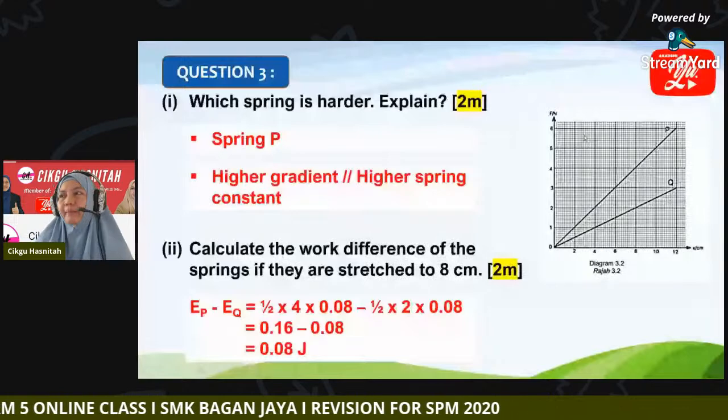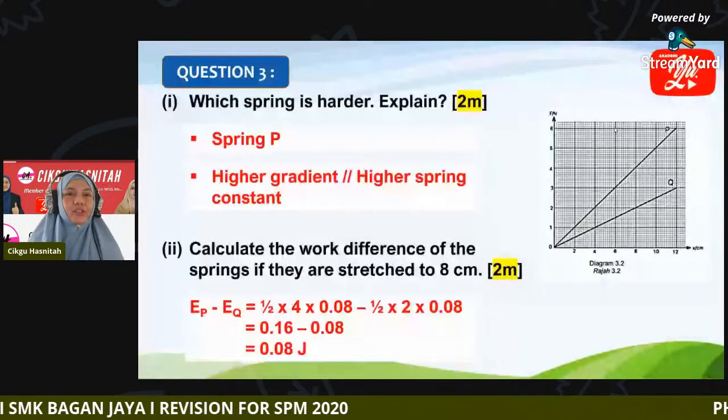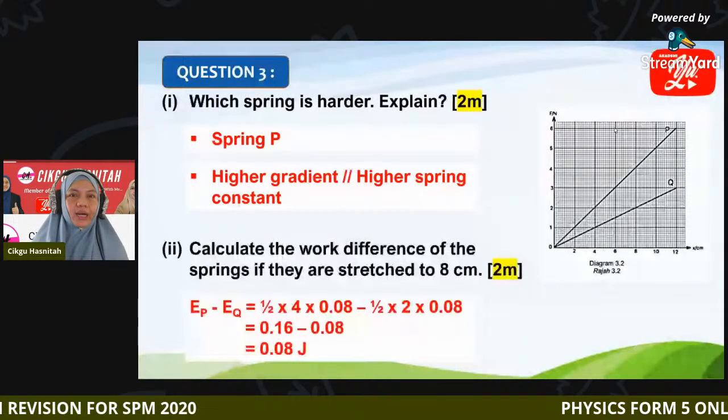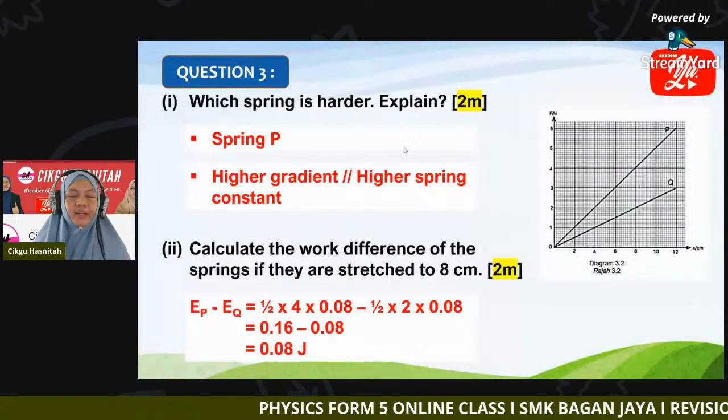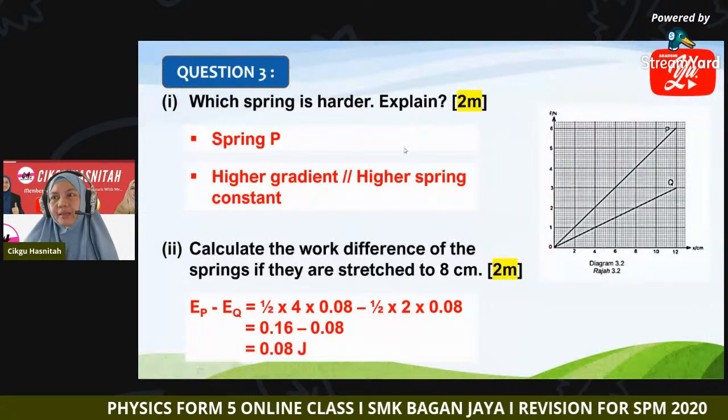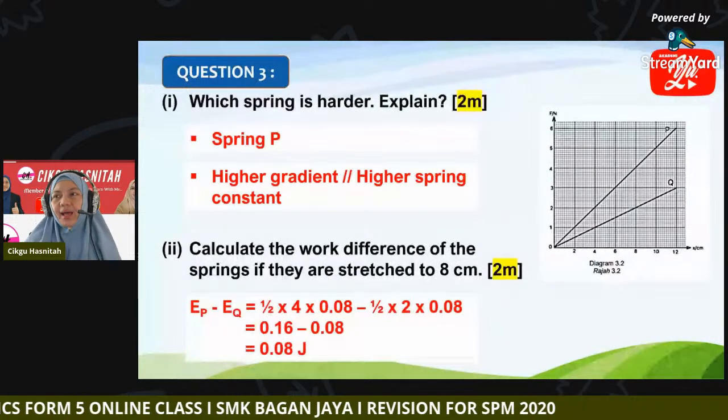Okay, now in 2 you have to calculate the work difference of the springs as they are stretched to 8 centimeter. Find the work difference.